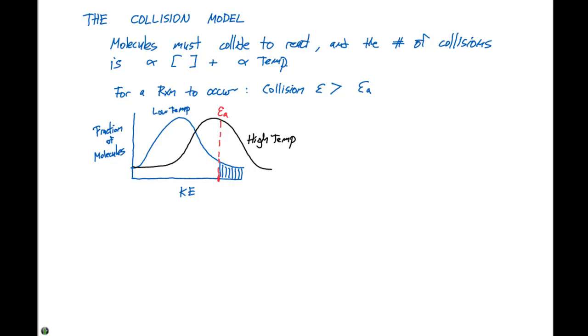We've increased the temperature, we've increased the kinetic energy of the particles. Now look at the fraction of molecules that have a higher energy than the energy of activation barrier. So all of these guys over here on this side, including this little blue area down here, have a high enough energy to react.